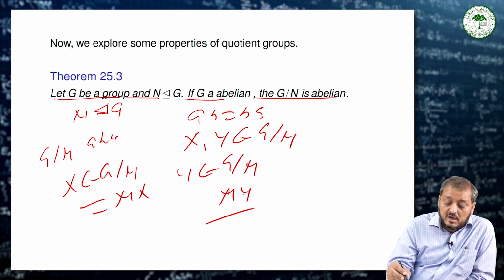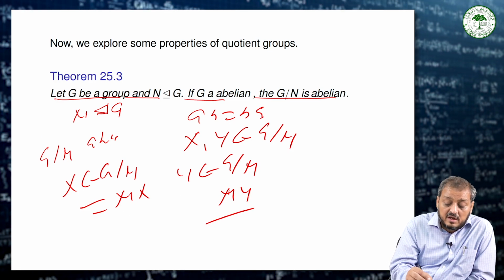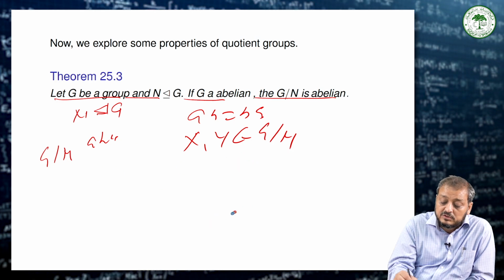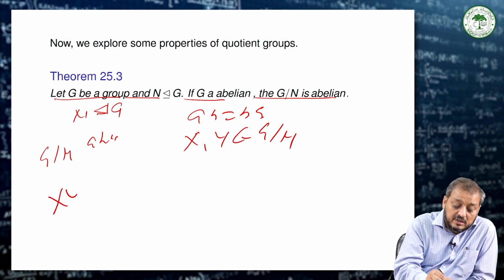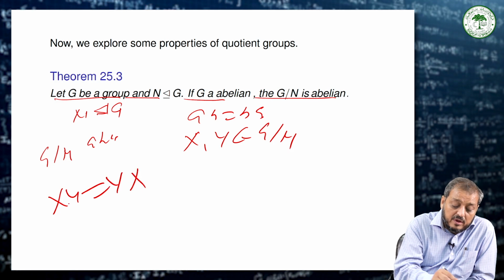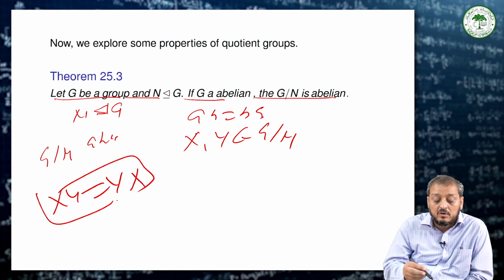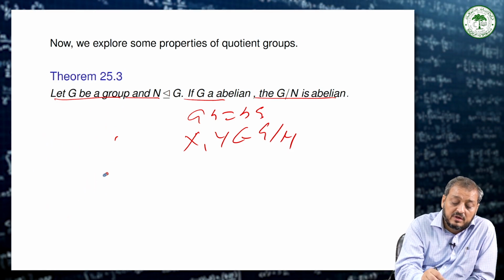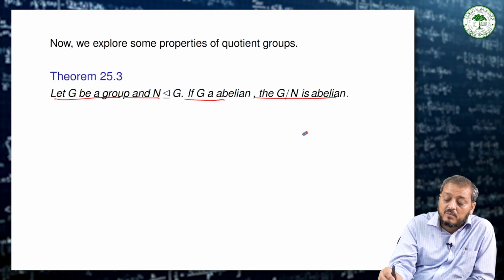So we just try to show that xy is the same as yx. Let us begin with this, because n is a normal subgroup.